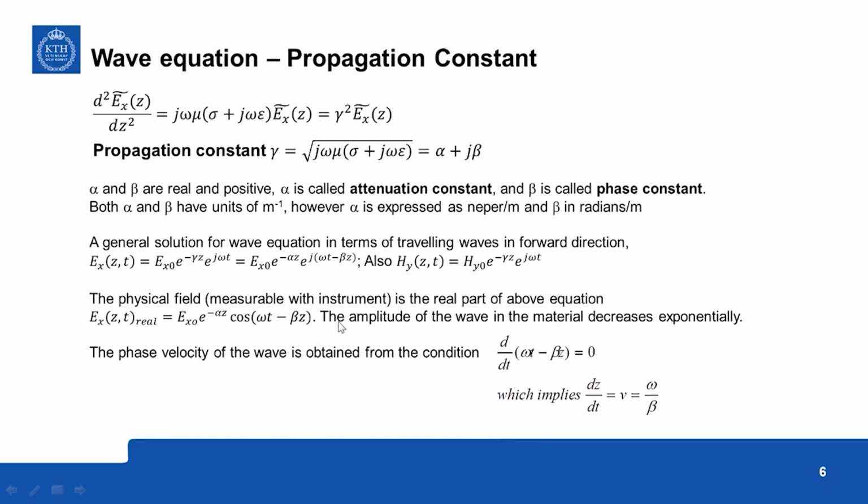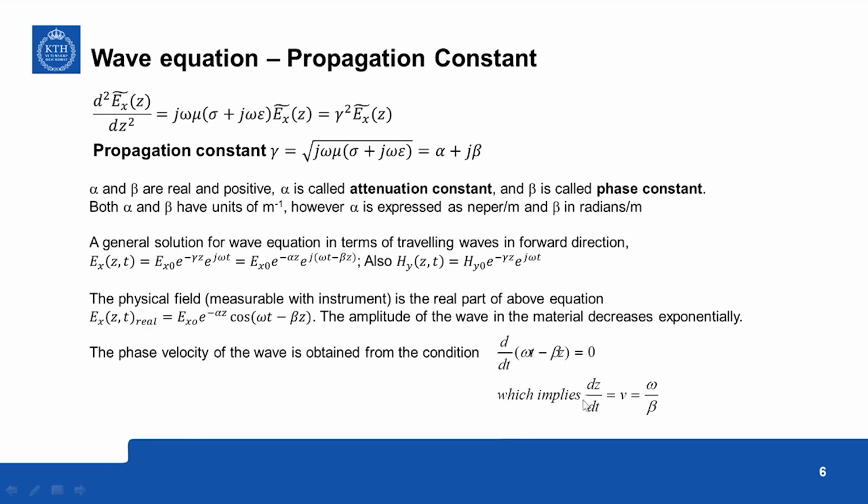Now, the wave has a velocity within the medium, and that velocity we can derive by tracking the points where omega t minus beta z becomes constant. Or you can say, you pick up a fixed point along the time varying and attenuating wave. So that condition is that the rate of change of omega t minus beta z with respect to time is equal to 0.